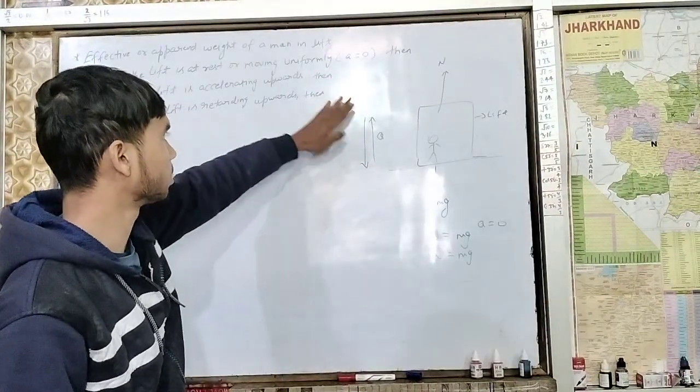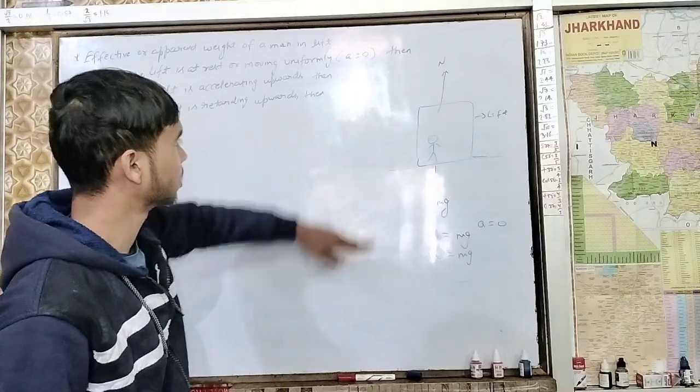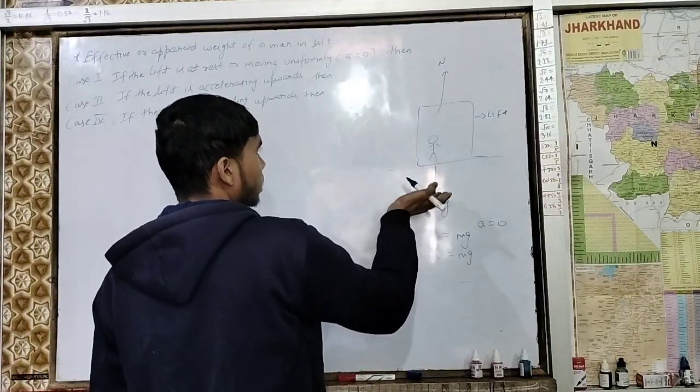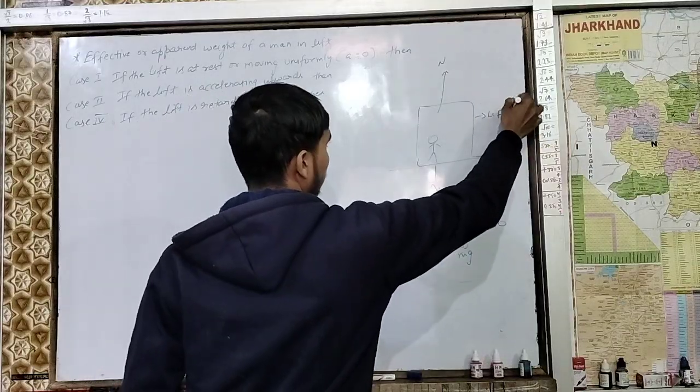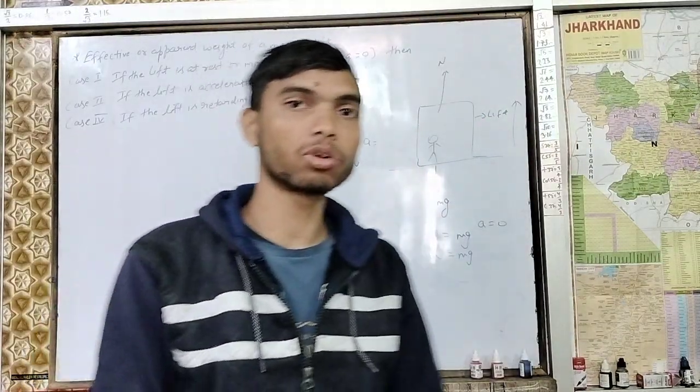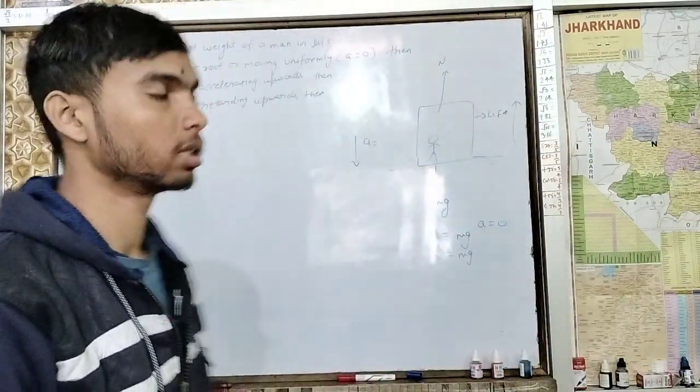Retardation is upward. Try to understand, a is negative: the lift is going upward, but the acceleration is downward.